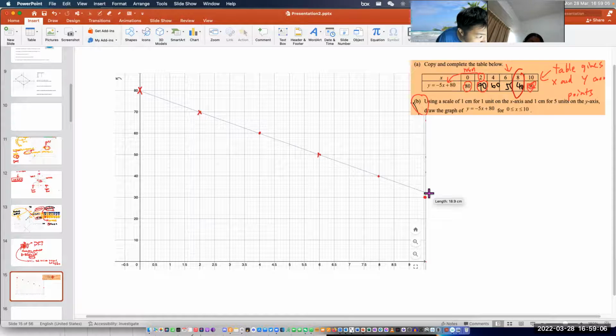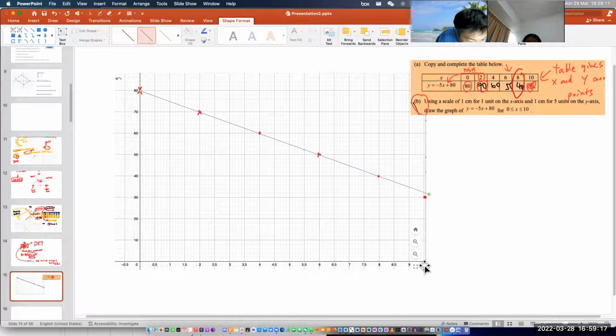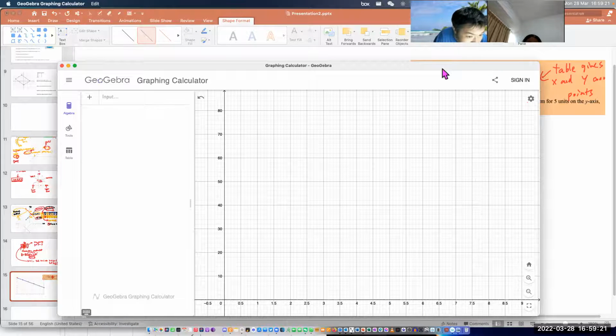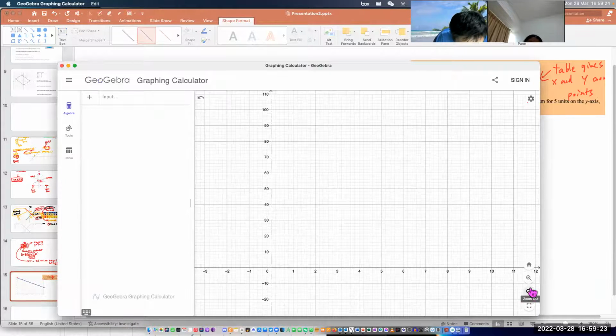Looks like it's slightly off. I'm afraid that this might not be my 10. Looks like this is my 10. Let me just zoom in a little bit. Yes, can you see? My 10 is actually here.